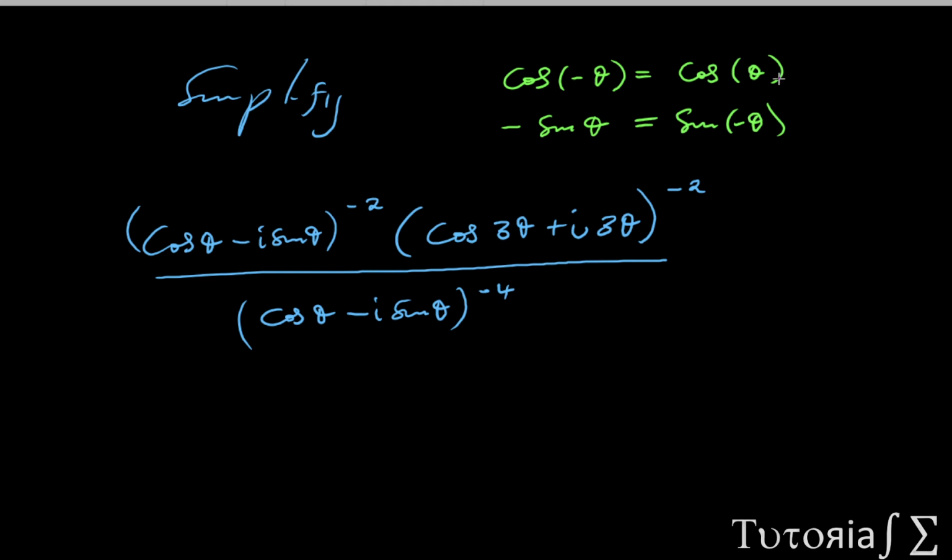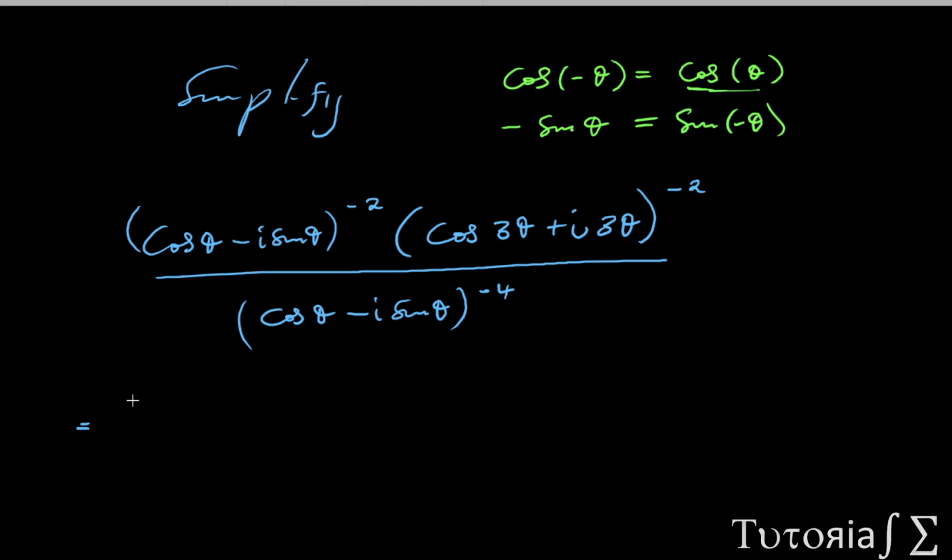So we can make use of this. Basically, negative I sine theta can be written as I sine of negative theta. And cos of positive theta is the same thing as cos of negative theta. So when restructuring this, let me use the blue pen that we have here.